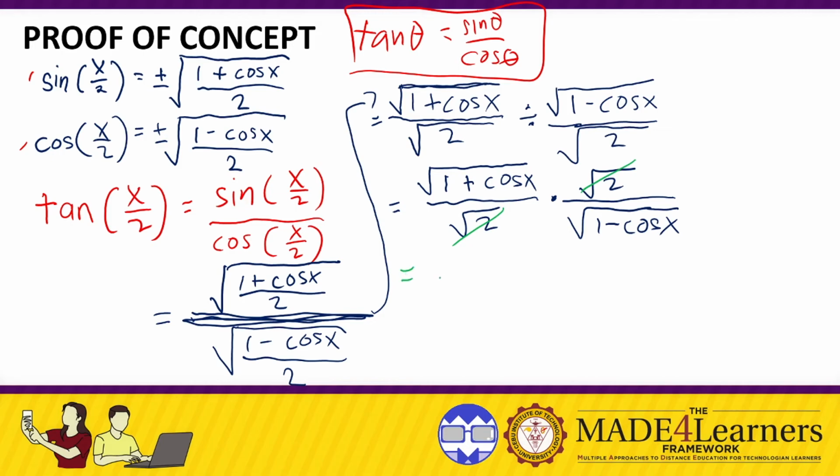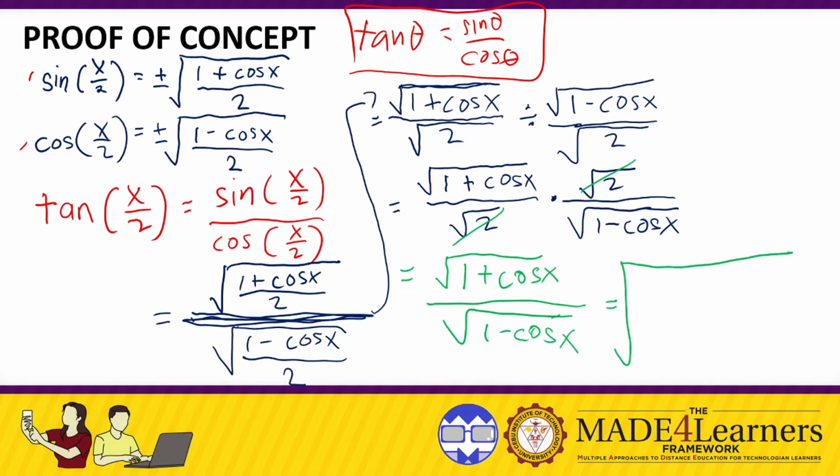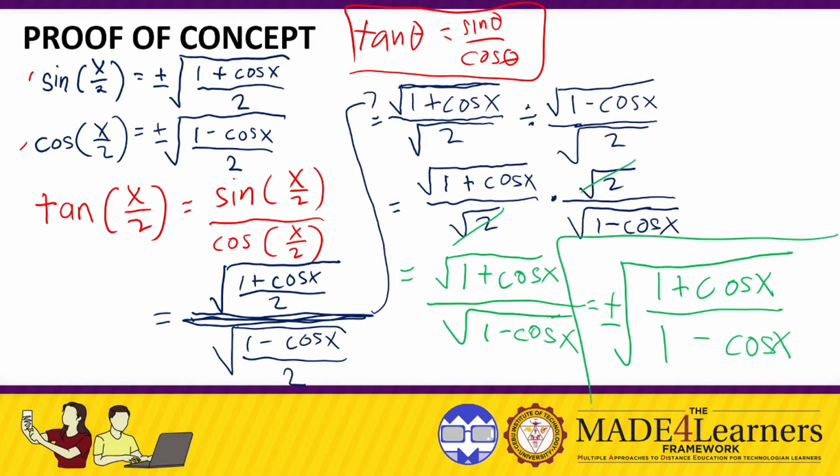After combining, we'll have square root of 1 minus cos x over square root of 1 plus cos x, or we can combine further under one square root. So positive negative square root of 1 minus cos x over 1 plus cos x, and this is the identity of tangent x over 2.